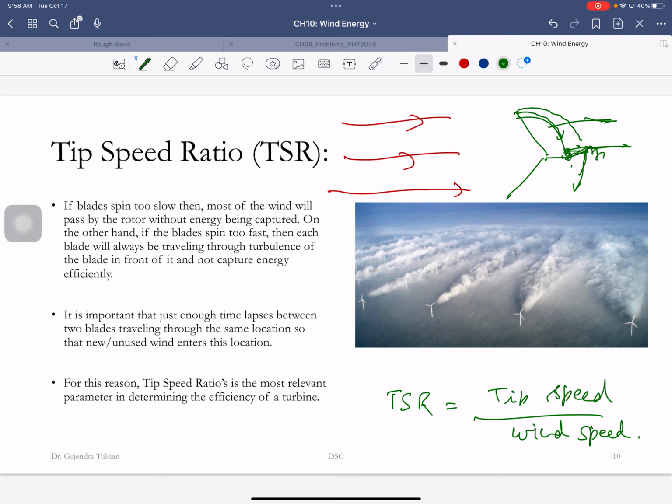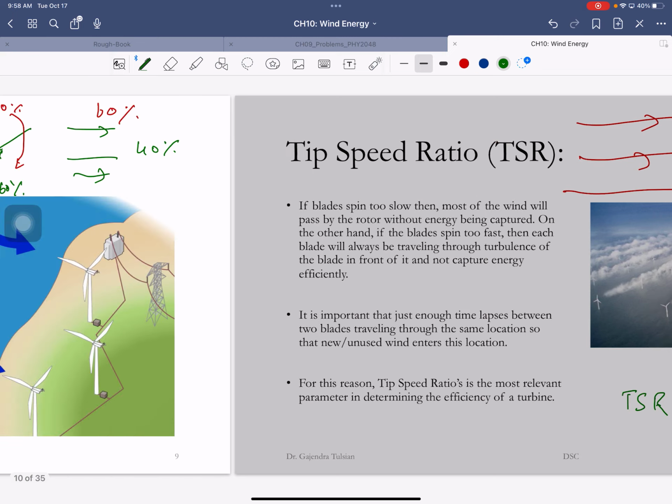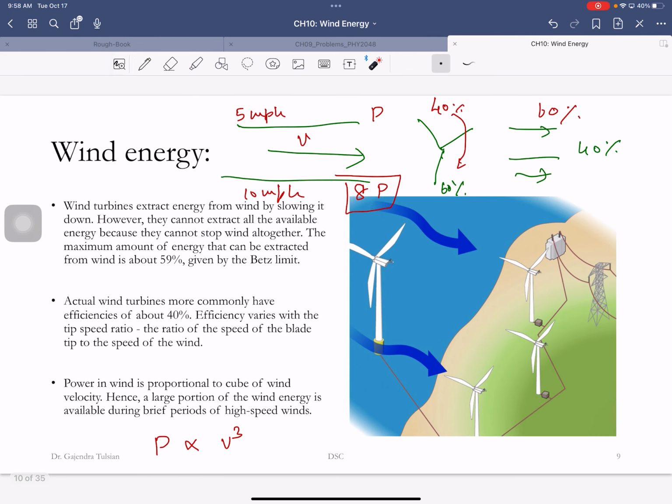Is it the angle of the blade that determines the tip speed? How does that control? No, the tip speed is the speed of the tip of the rotating blade.